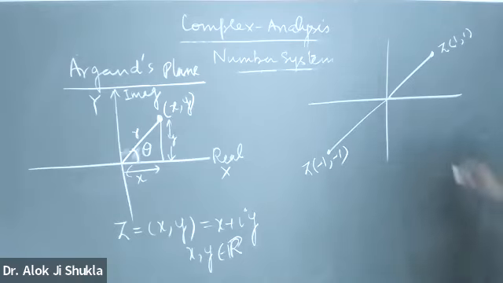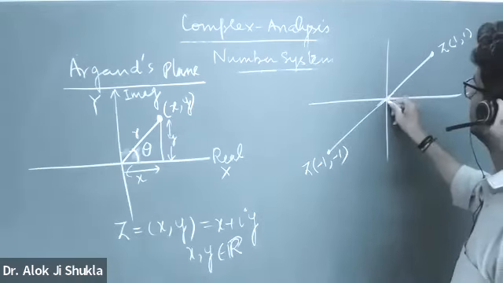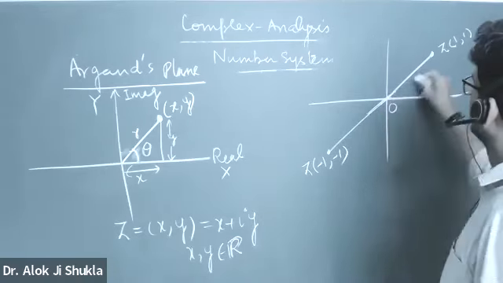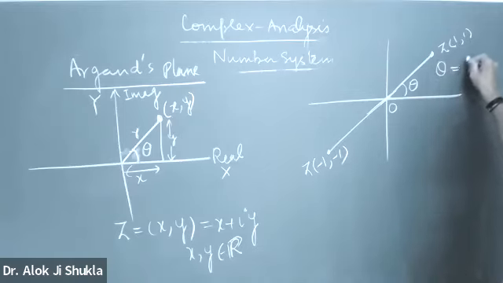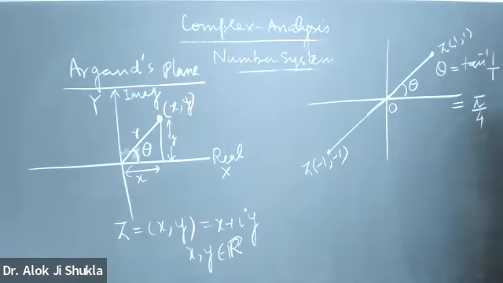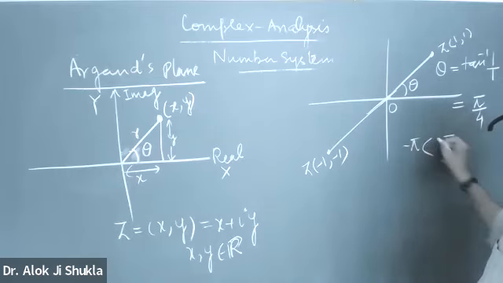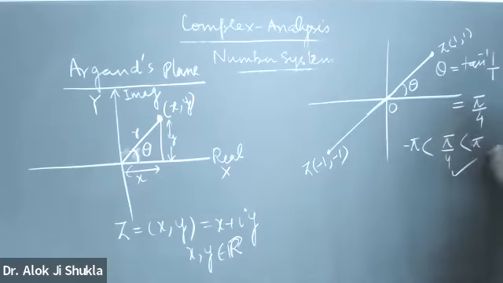So if you see the principal argument for this theta, what will that be? Theta will be tan inverse 1 by 1, which is pi by 4. That is okay because pi by 4 lies between minus pi and pi. So it qualifies for the principal argument.